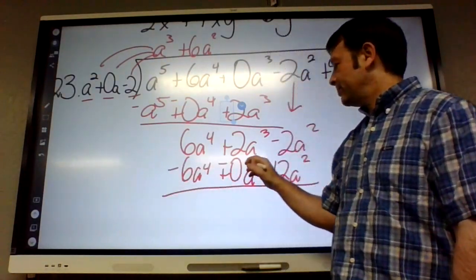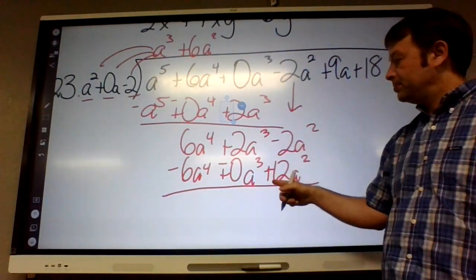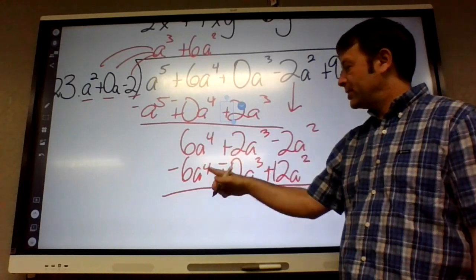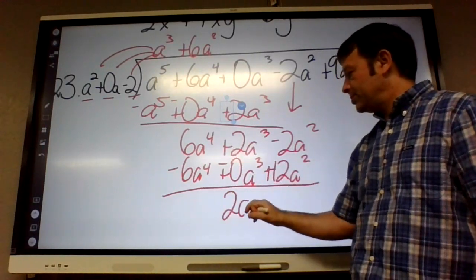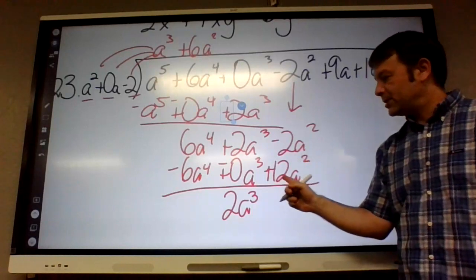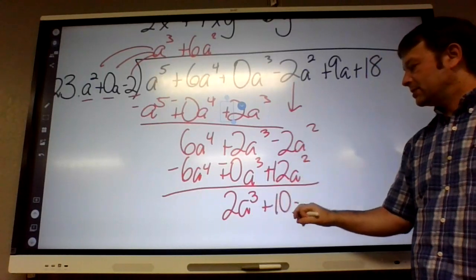But then we subtract the bottom line, which means we're going to add the 12a squared. So that goes away. 2 minus 0 is 2a cubed. Negative 2 plus 12 is 10.